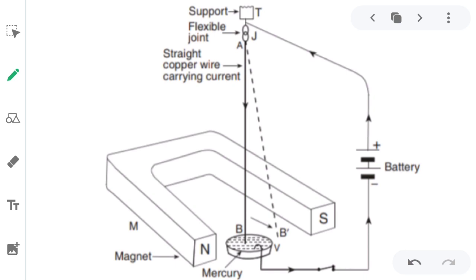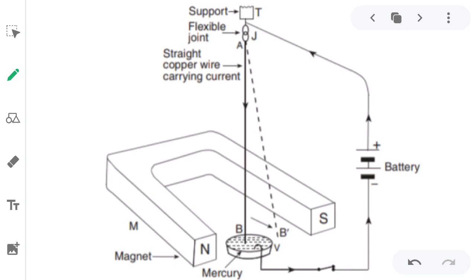When we pass current with the help of a battery to the conductor, you can see that the conductor is placed between a horseshoe magnet. The conductor applies some force on the magnet, and the magnet in reverse applies a force on the conductor, which results in movement of the conductor.